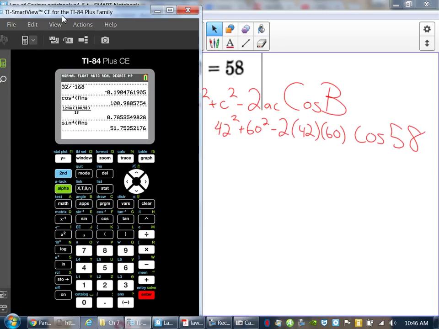So we have 42 squared, 60 squared, minus 2, 42, 60, and then cosine 58.